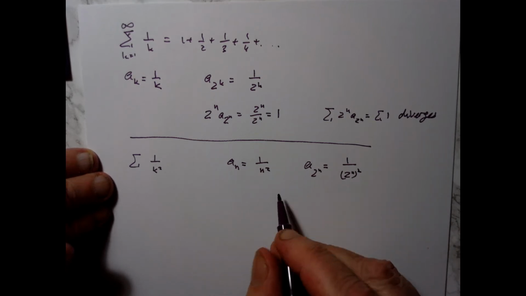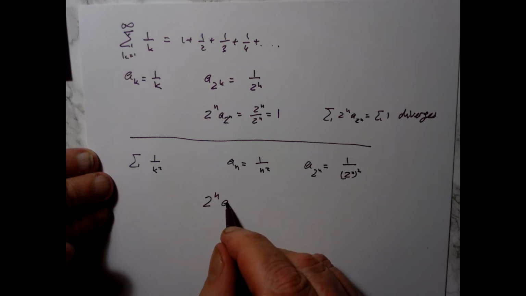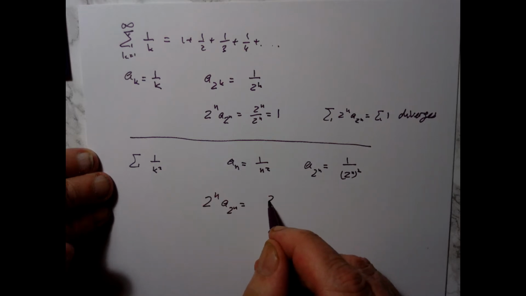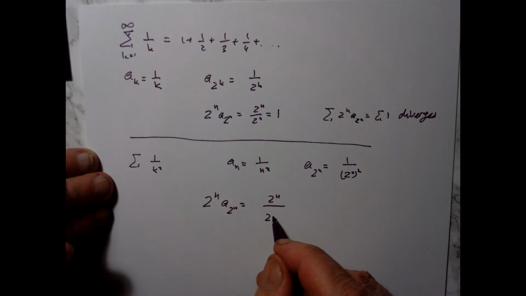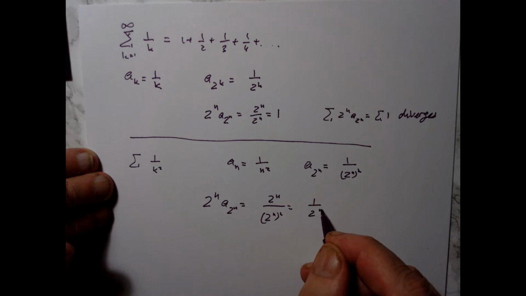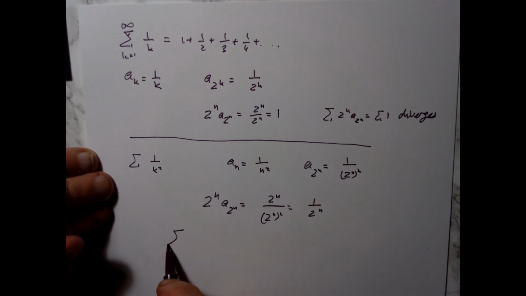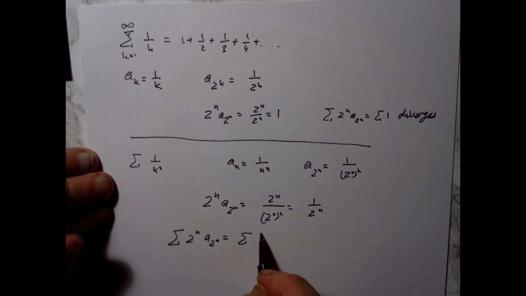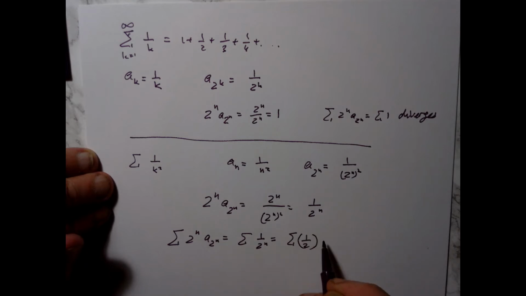And if I take 2 to the n times a sub 2 to the n, I will have 2 to the n divided by 2 to the n squared, which is equal to 1 over 2 to the n. And so what about the series 2 to the n a sub 2 to the n? Well, this is a series 1 over 2 to the n, which is the series 1/2 to the power n. And as you recall, this is a geometric series, and this x over here, which is equal to 1/2, is less than 1, and therefore this series converges.